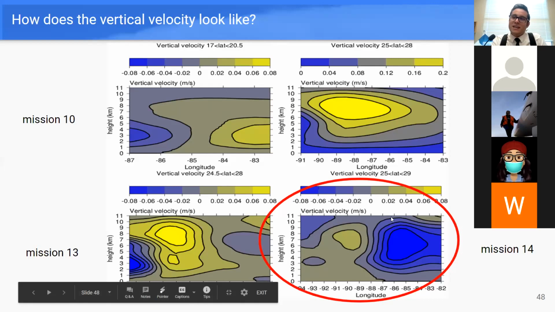But in the following day, there is a very enhanced region of subsidence, of negative vertical velocity. So there is a lot of subsidence next to the center of circulation of Cindy, and it was related to what happened the previous day.